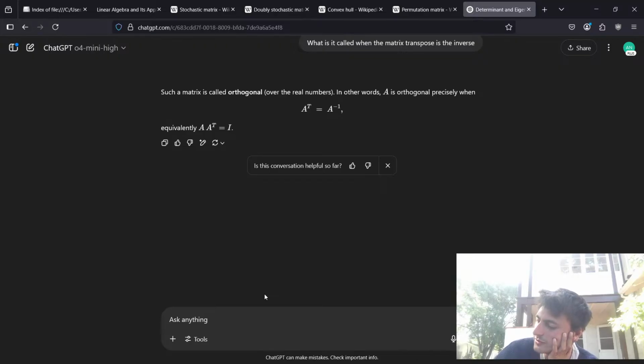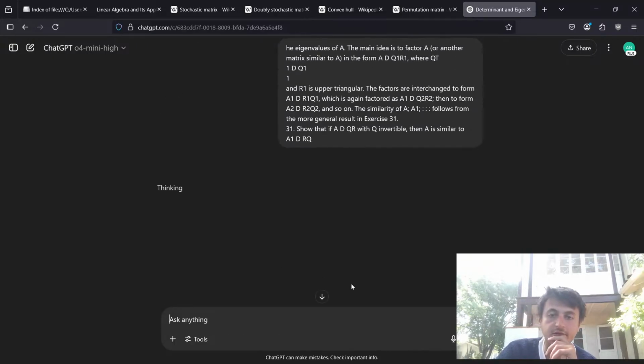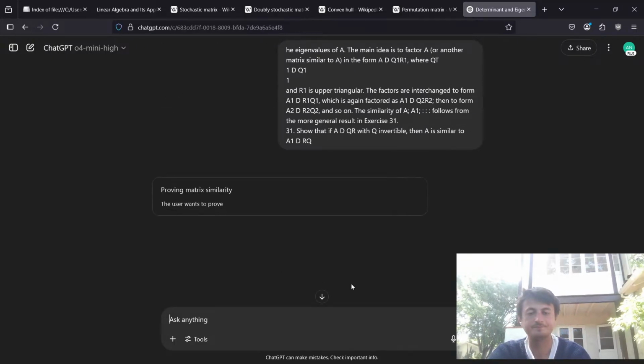Or maybe you can do Q inverse QR is equal to Q inverse QR. Dude, I don't know how to do it, man. I really don't. How do you do it?